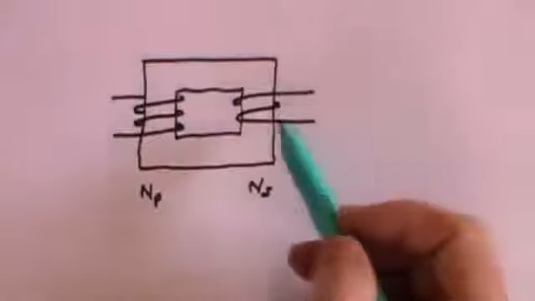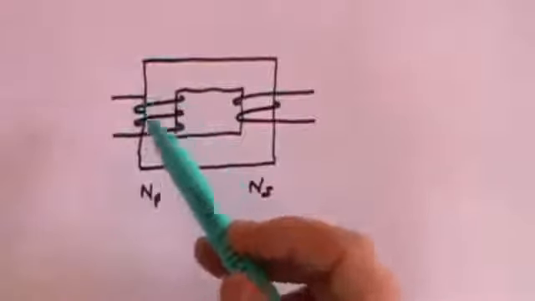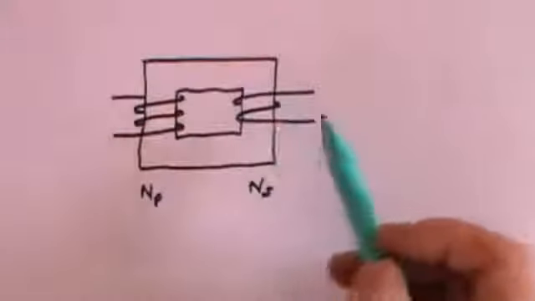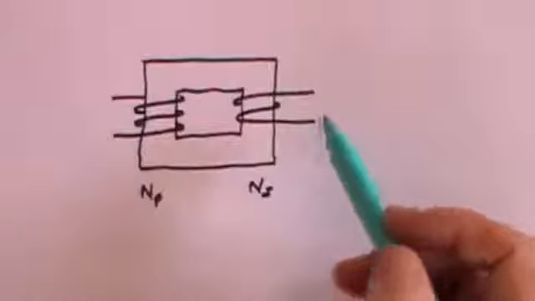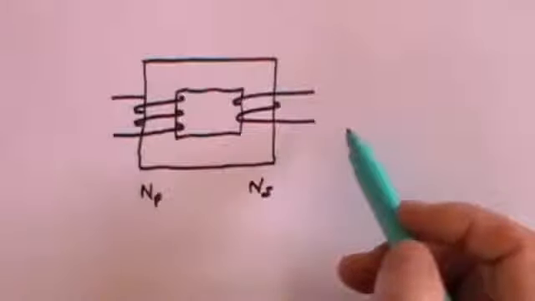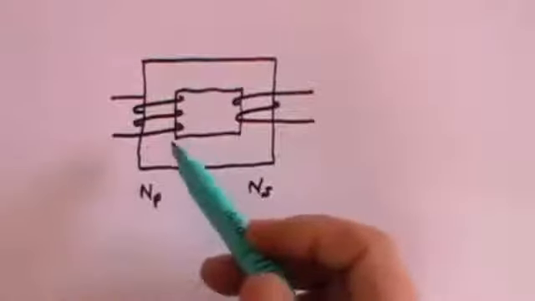And this would obviously be a step down transformer because we've got 3 coils here, we've got 2 coils here, and consequently you'd have a smaller voltage out but a higher current than you put in.